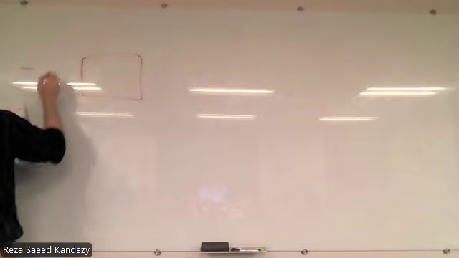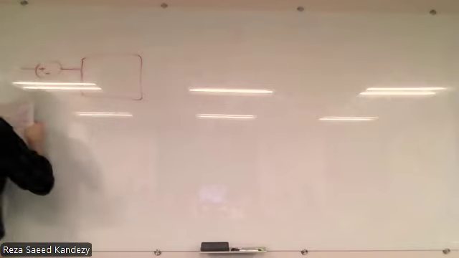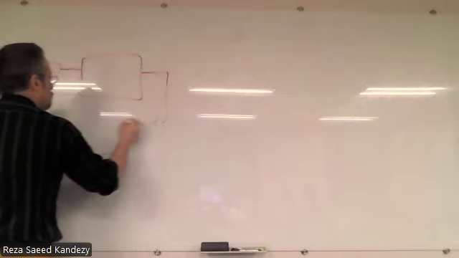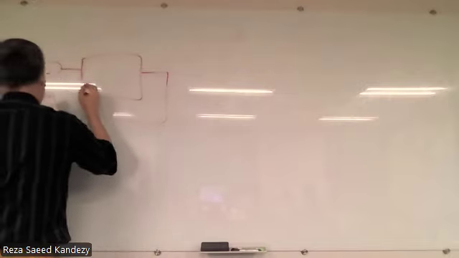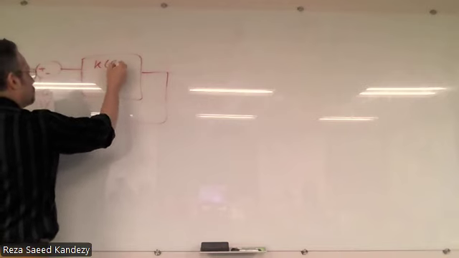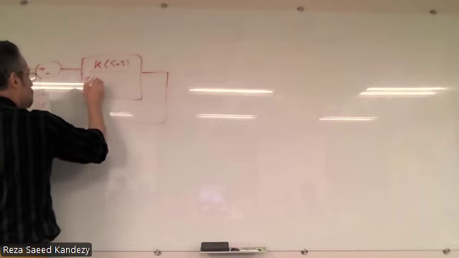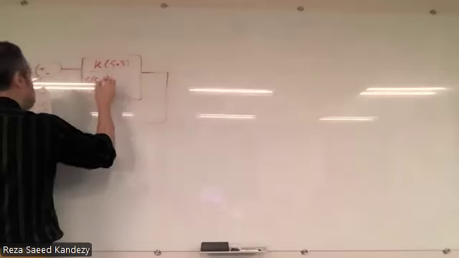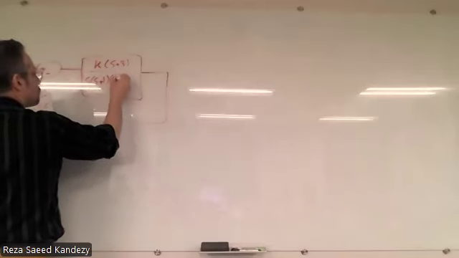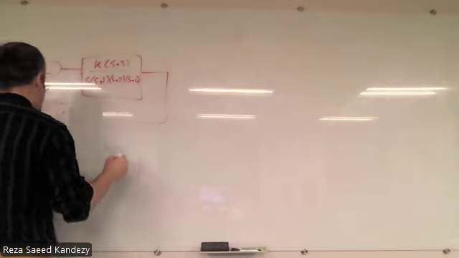We have a unity feedback loop, and our transfer function here is k times s plus 3, over s, s plus 1, s plus 2, and s plus 4. Okay?